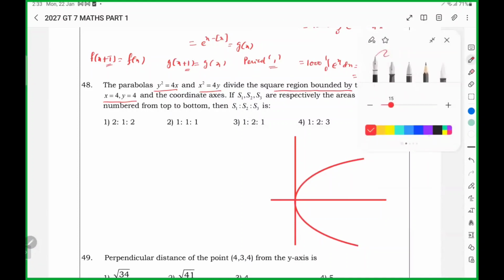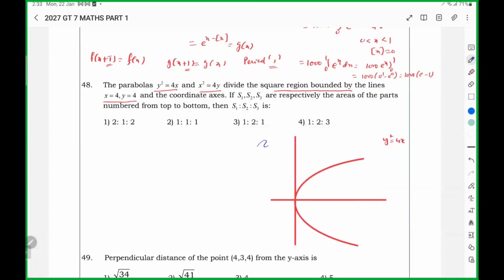Another parabola is x square equal to 4y. These two intersect.